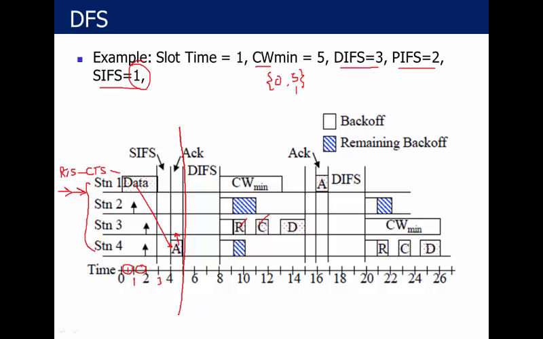So after acknowledge, because this is done for 1 frame transmission, we have to apply DIFS, distribution interframe space. After this, there is still a contention period, which means everybody needs to compete. So wait.